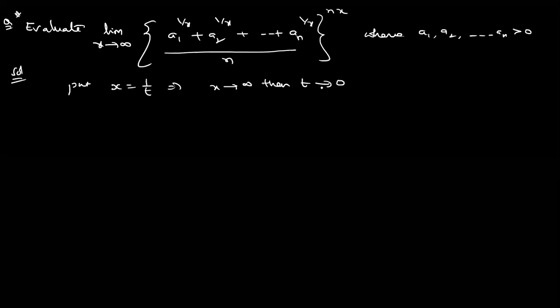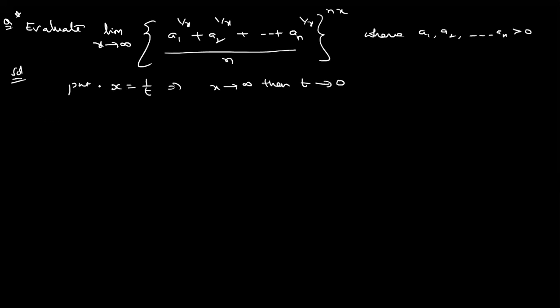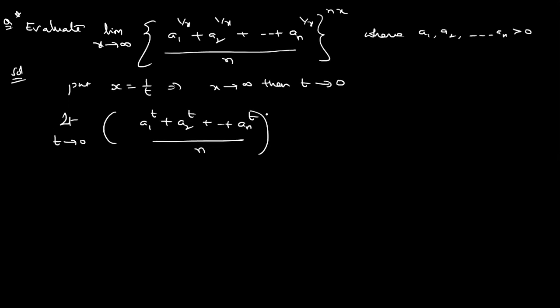It tends to 0. Check it: x = 1/t means t = 1/x. So change the limits: limit t tends to 0, ((a1^t + a2^t + ... + an^t)/n) whole power n/t. See carefully. Any doubt, ask me.